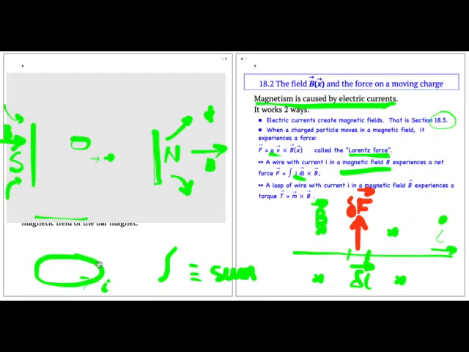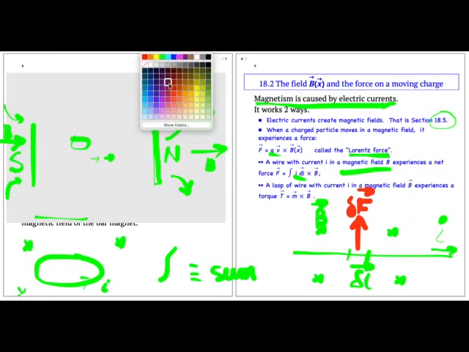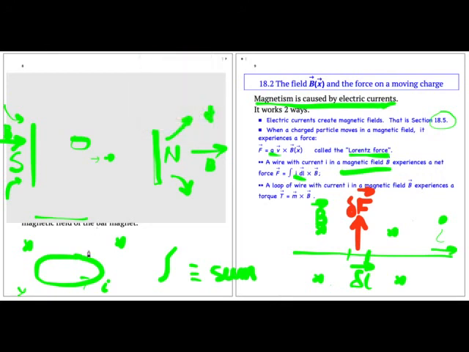That's, I guess, counterclockwise. But this is coming out and this is going in. And again, there's a magnetic field pointing away from you. Well, on this side, it's just like this picture. The force will be this way.